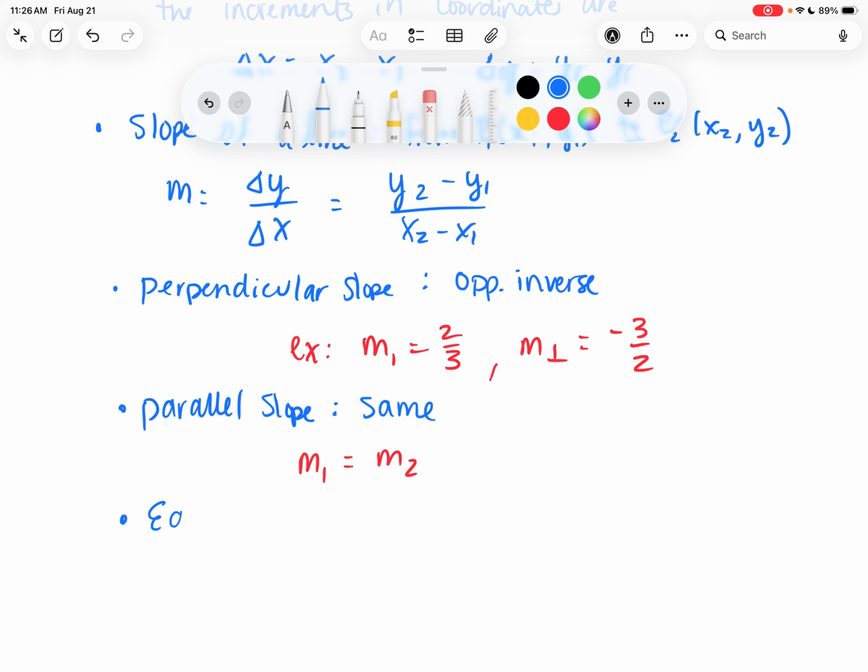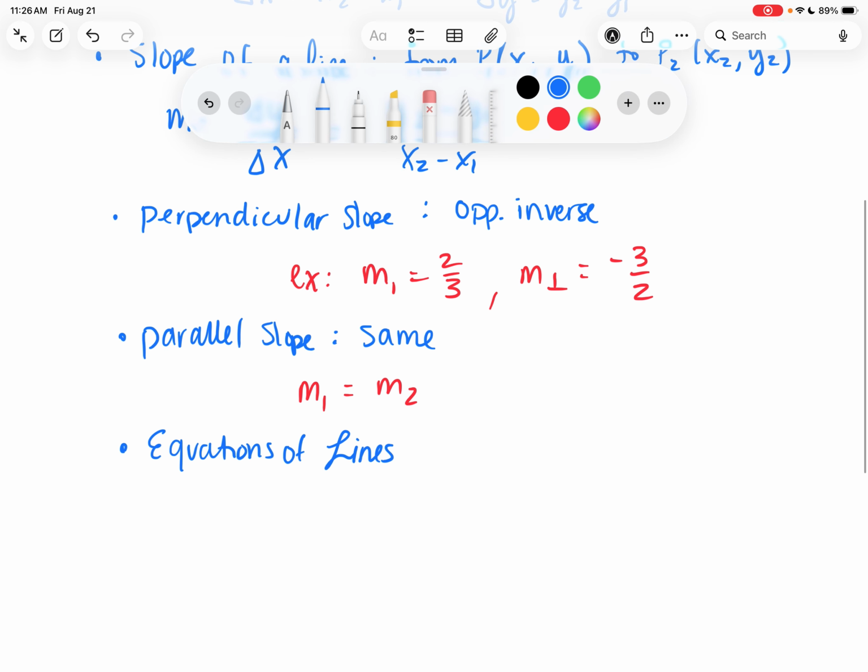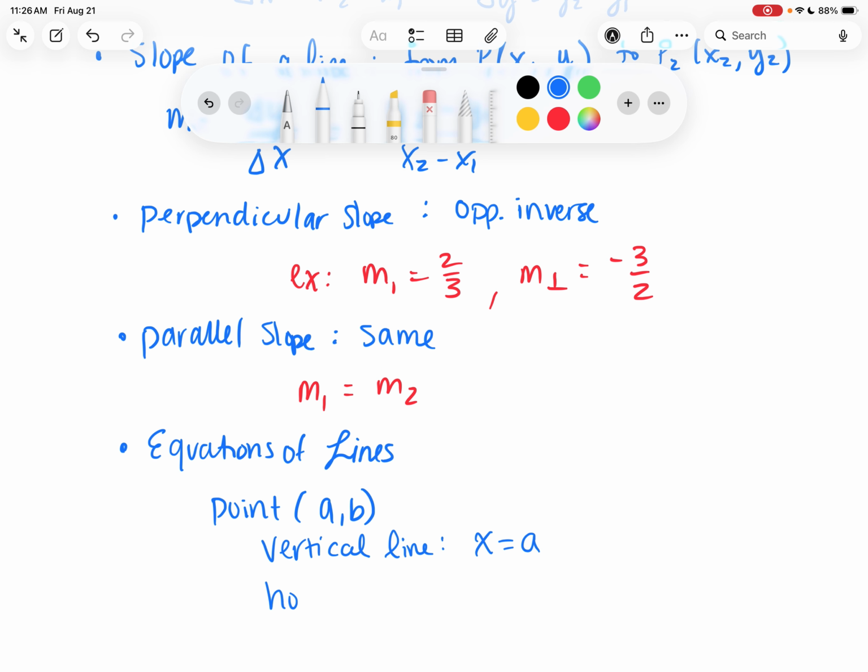And then we're going to hit some stuff with equations of lines here. So if we just have, say, the point (a, b), then a vertical line, nope, vertical's a, yep, would be x is equal to a, and then horizontal is the other one.